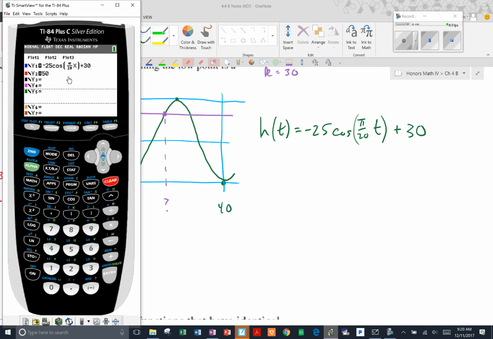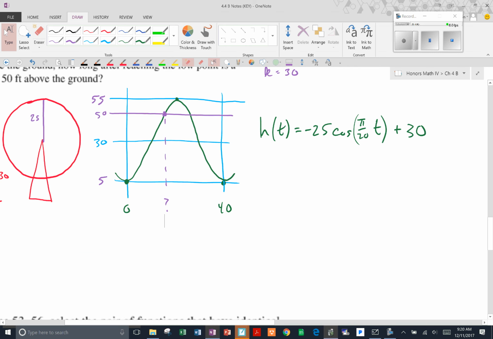After you get that typed in, make your window basically the same thing that we have in our sketch right there.